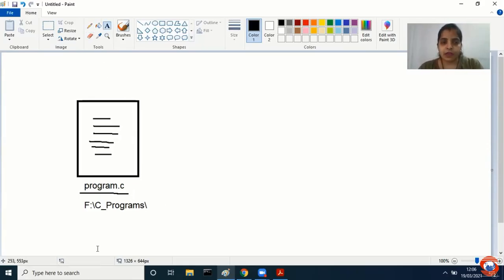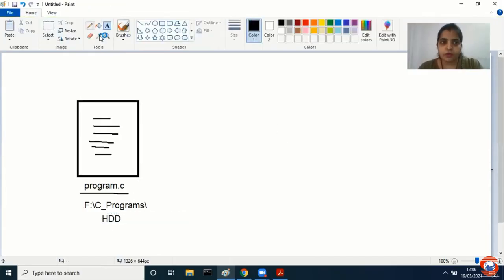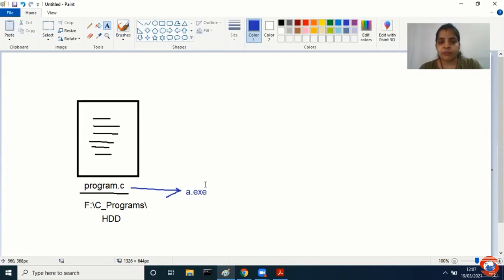Now, the F drive is available in my hard disk drive, called HDD. When you talk about program.c, at this stage this program is not in the execution phase. When you compile this program, you get one output file, a.exe. Still, this a.exe file is available in my hard disk.